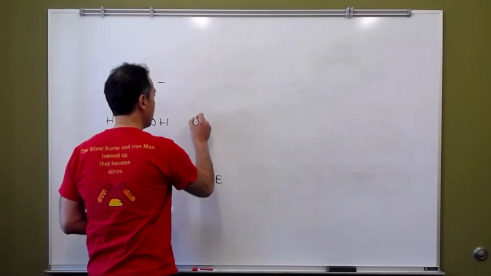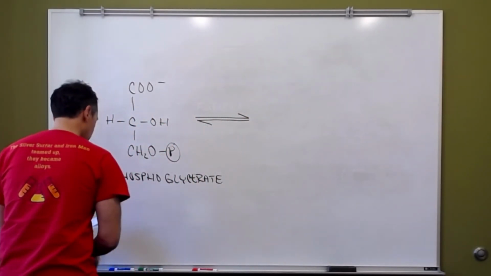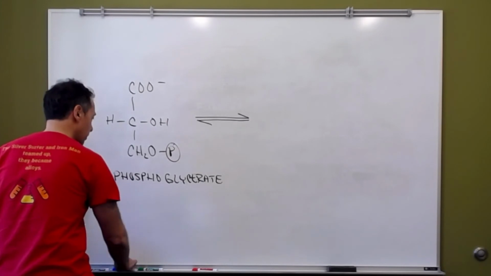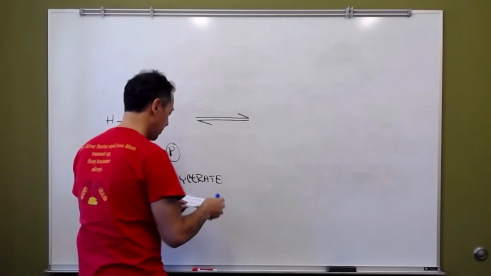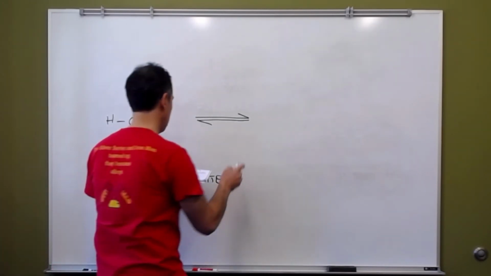So we're going to use an enzyme here. And this enzyme here is named after the substrate. So phosphoglyceromutase is the enzyme.